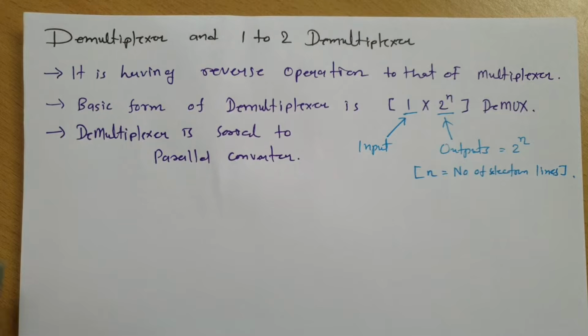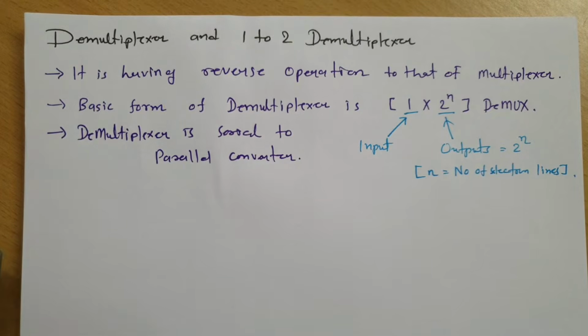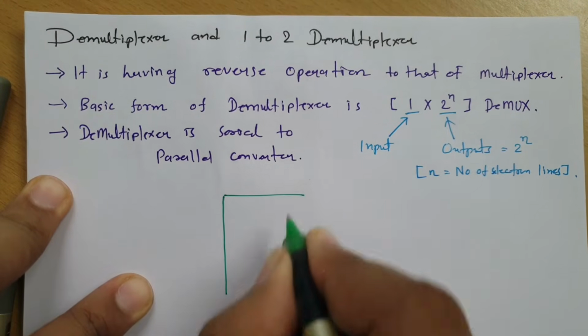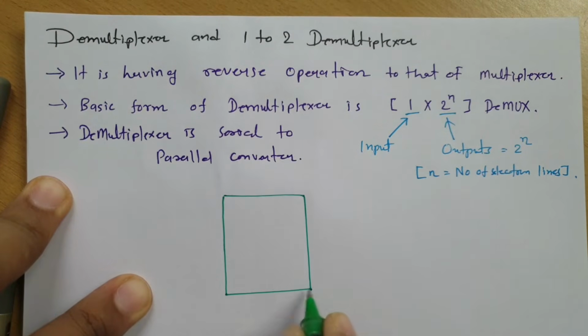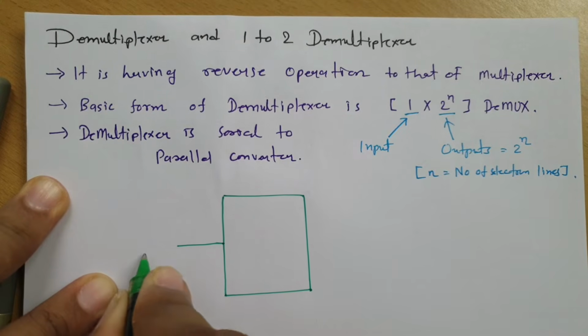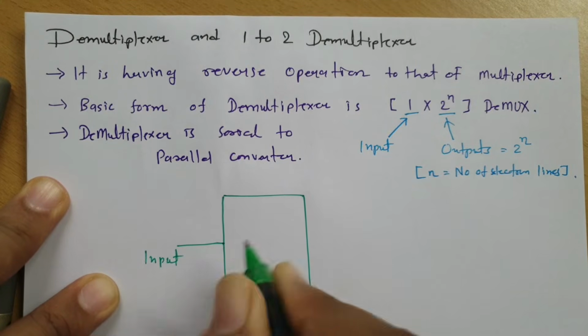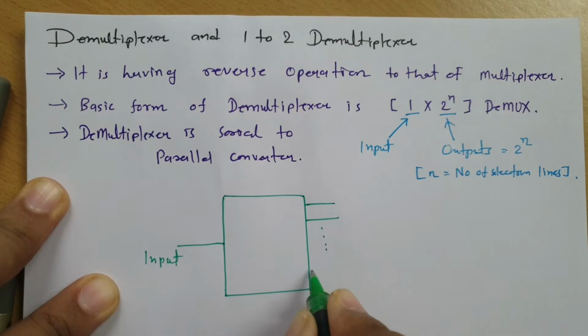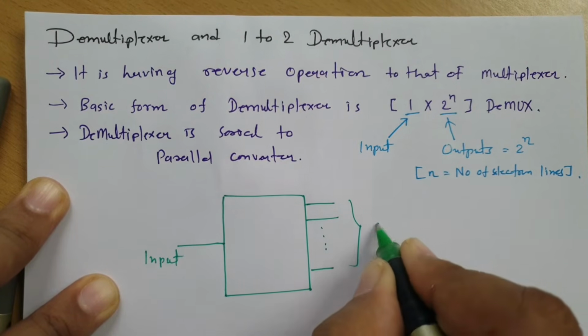Now let us try to understand how this device works. If you observe its block, you will find there is only one input and there will be 2 to the power n outputs.